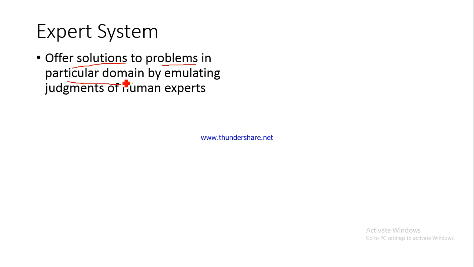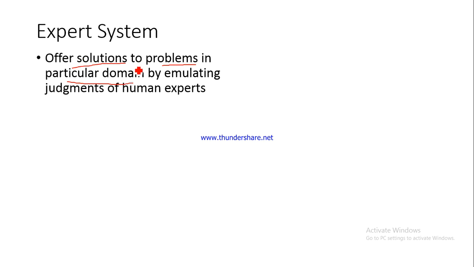We said in DSS that the scope of DSS is narrow. Expert system is even narrower. The scope is even narrower, right? So this is one characteristic of expert system. They provide solutions.